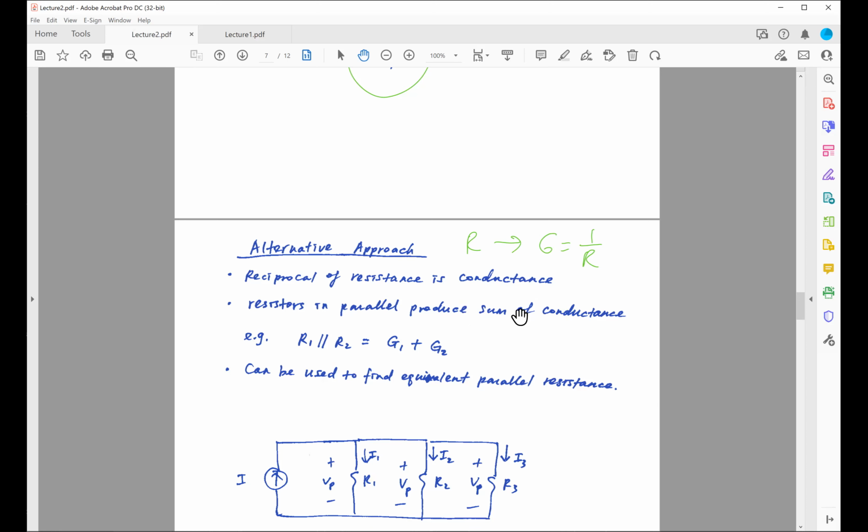Resistors in parallel produce a sum of conductances. As an example, if I have R1 and R2 in parallel using this parallel bar symbolically, then in terms of conductance, G1 and G2 are added together. If R1 and R2 are in parallel, then G1 and G2 are summed together.